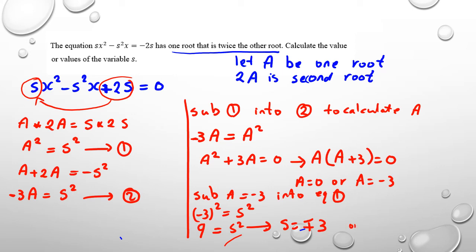Or s equals 0. You're going to ignore s equals 0, because when s is equal to 0, everything is equal to 0. You will have 0 equals 0, which is really no equation. So that's why the final answer is s equals positive or negative 3.